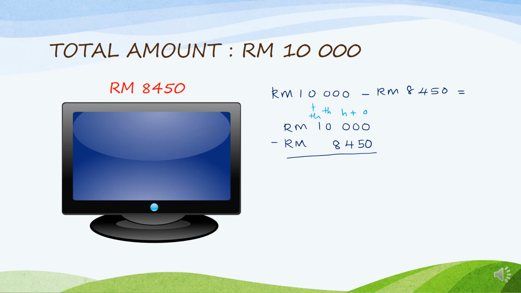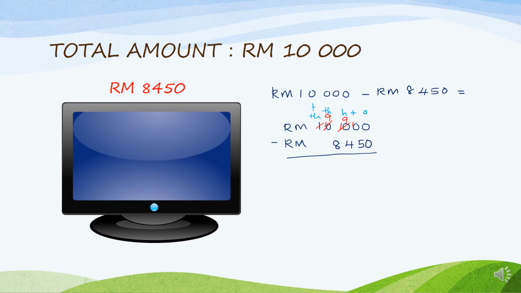There is 1 in the 10,000 place value. So this 10,000 will borrow to the 1000 place value, so it will become 10, and from this 10, it will borrow to the 100 place value. So it will remain 9, and this 100 place value digit will become 10. From this 10, it can borrow to the tens place value, so the remaining in the 100 place value is 9.